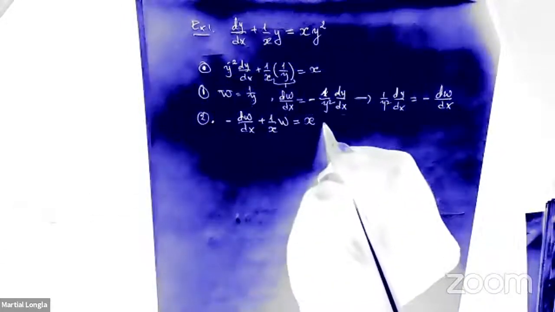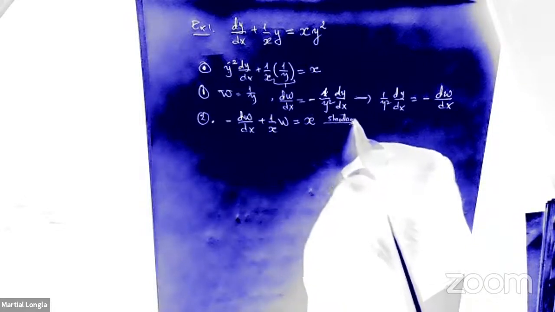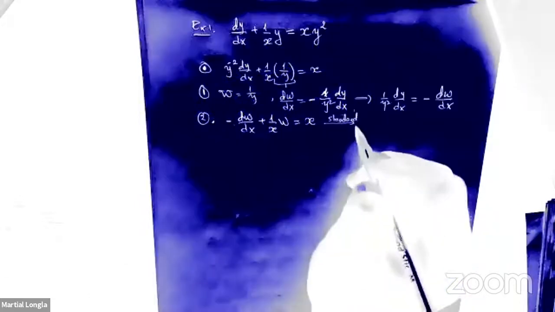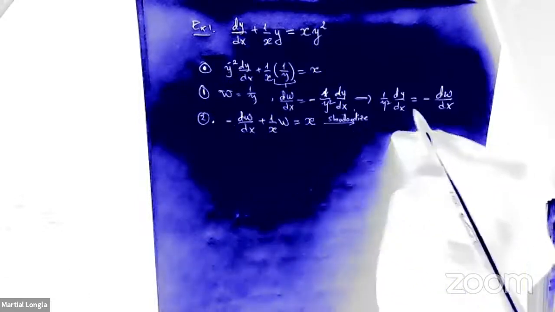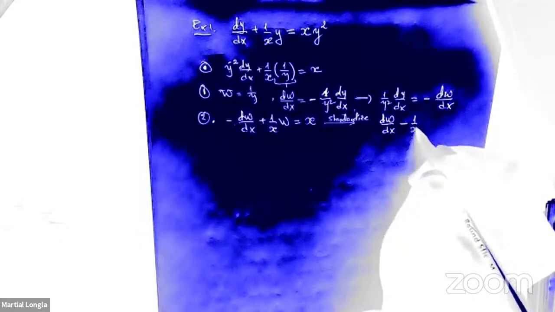And then I'll have to bring it to the standard form, making sure the coefficient in front of w is 1. In this problem, I do that by multiplying the whole equation by minus 1 to standardize it. And when I do so, I get dw over dx minus 1 over x w equals minus x.